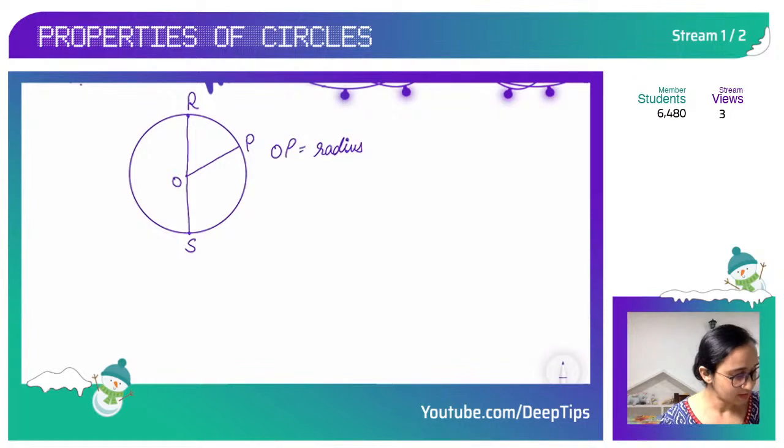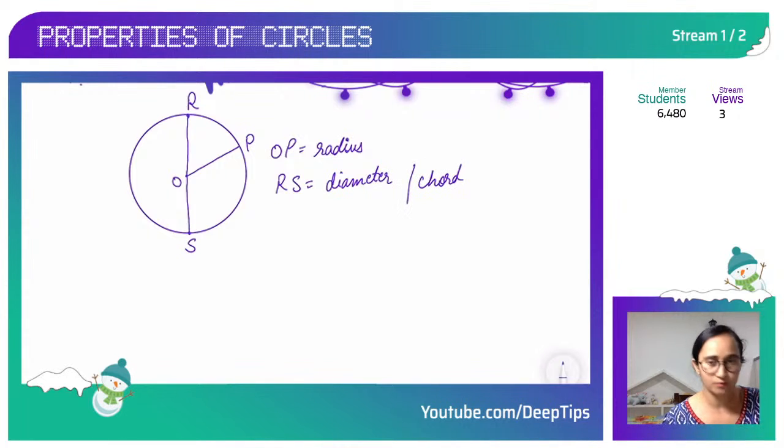So this RS is the diameter as well as a chord. But if you want me to draw another chord, we can say this AB is also a chord of the circle.